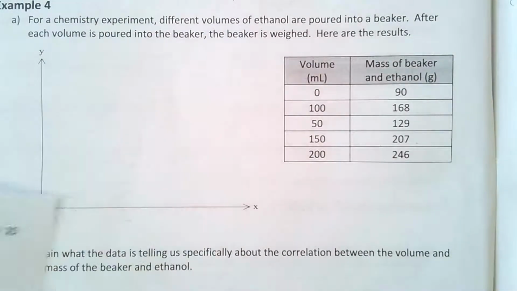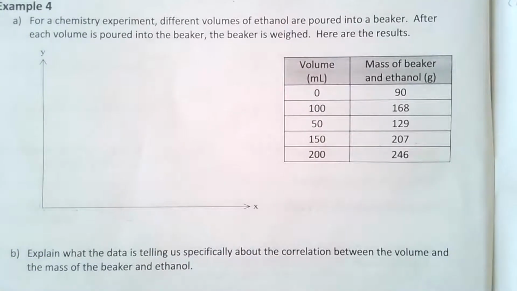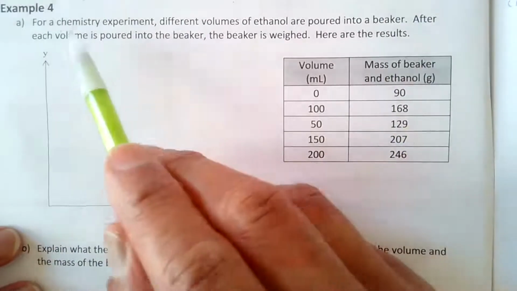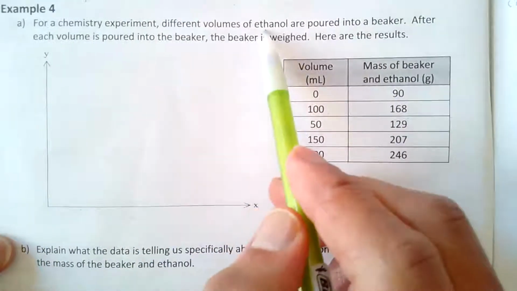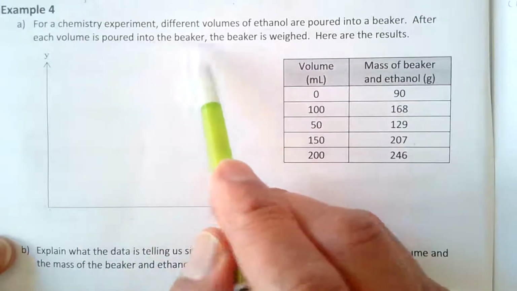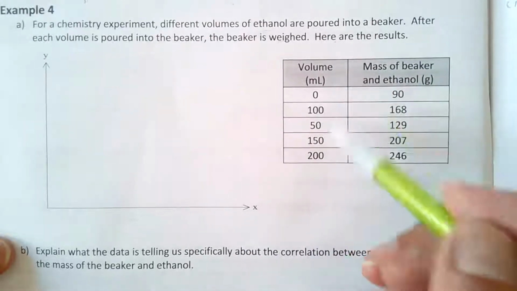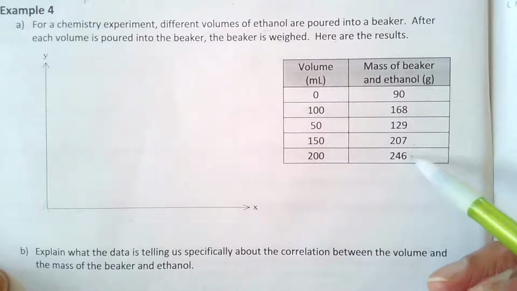Here you're given volume data for a chemistry experiment. Different volumes of ethanol are poured into a beaker. After each volume is poured into the beaker, the beaker is weighed. Here are the results. So you have the volume, and this is the mass of the beaker and ethanol.